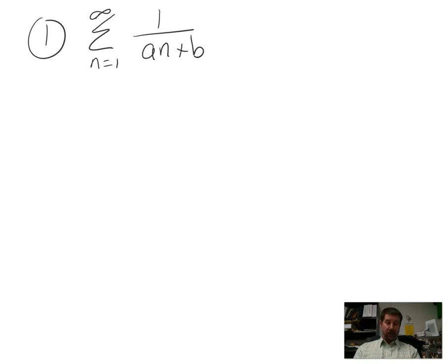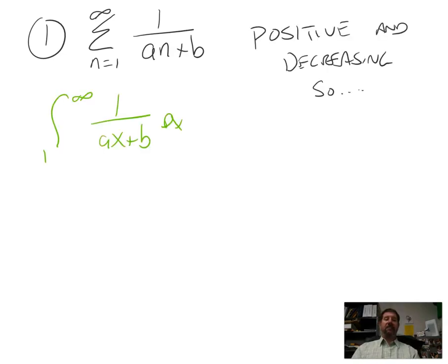These are positive terms, assuming a and b are positive, and it is decreasing as n gets bigger, because the terms get smaller. For the integral test, I have to say positive and decreasing. Because it is, I can use the integral test and turn this into the integral from 1 to infinity of 1 over ax plus b dx.